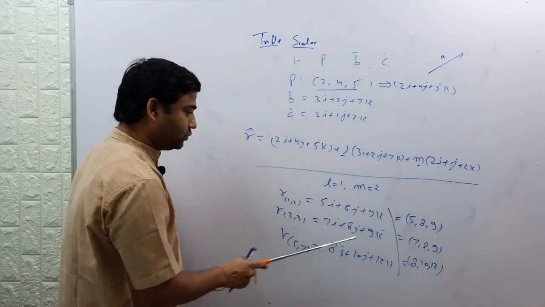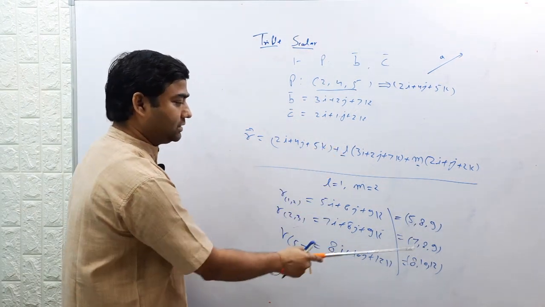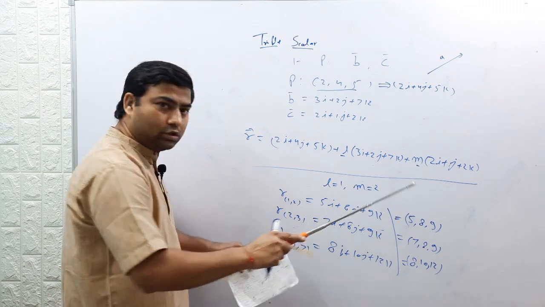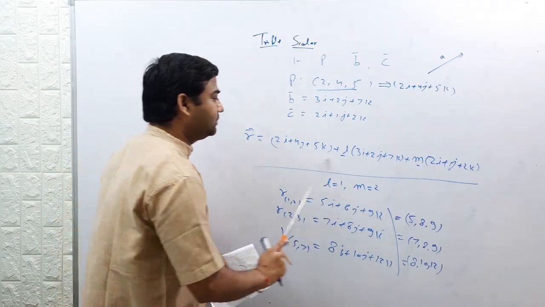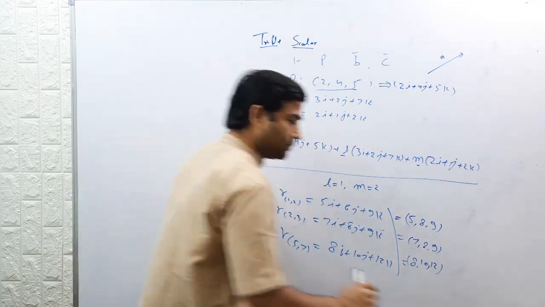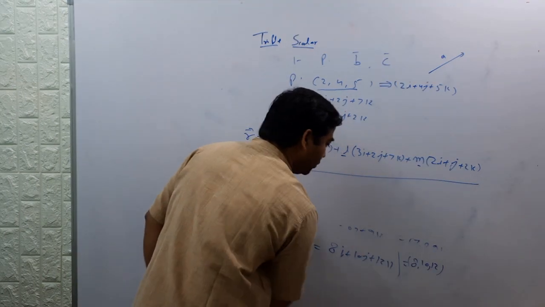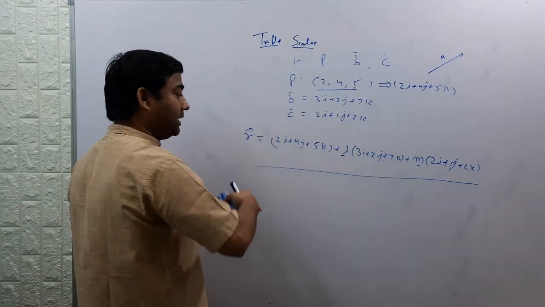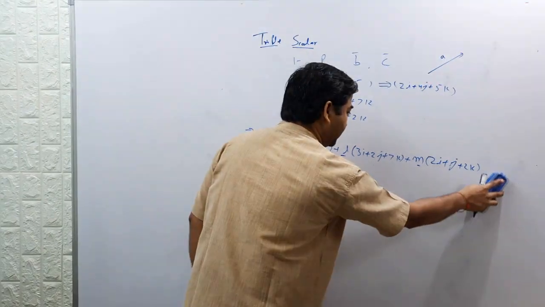So these vectors are position vectors of these points. Just locate these points on Cartesian coordinates, join those points, and you will get the plane represented by this equation. That is the meaning of the vector equation of a plane, and that's how this vector equation represents a plane.